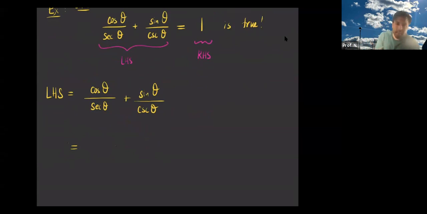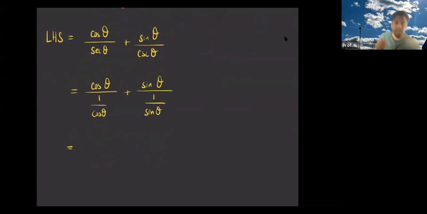But what is secant theta? And what is cosecant theta? I can rewrite this as cosine theta over 1 over cosine theta plus sine theta over 1 over sine theta. Remember, it's good to always try your best to rewrite secant, cosecant, cotangent in terms of sine and cosine. Now, why does this help?